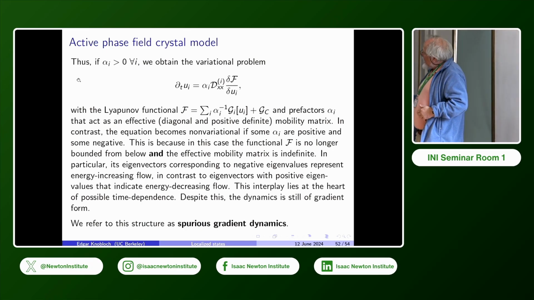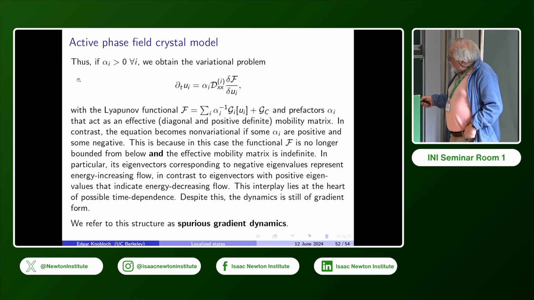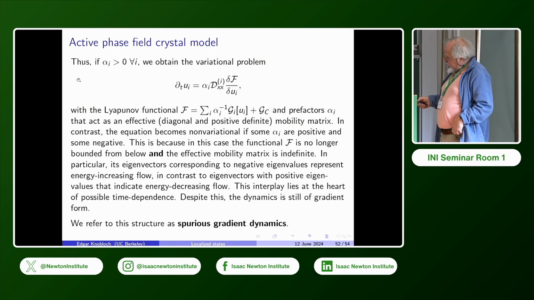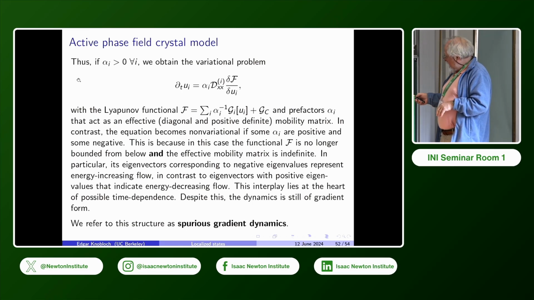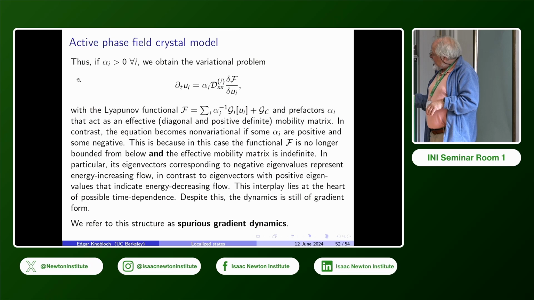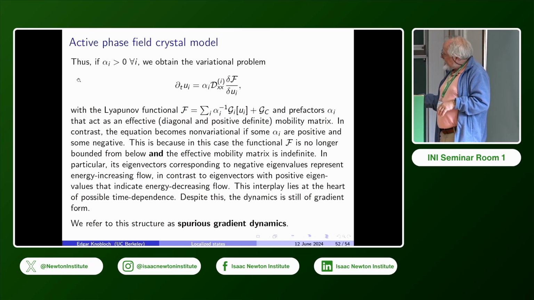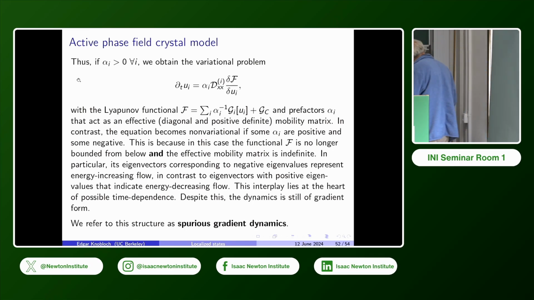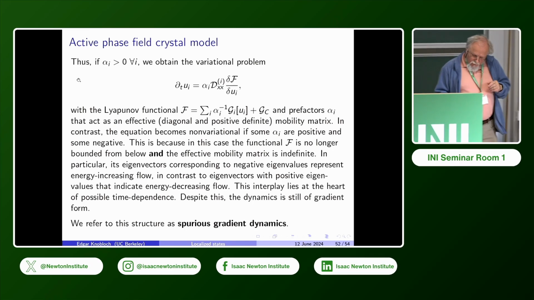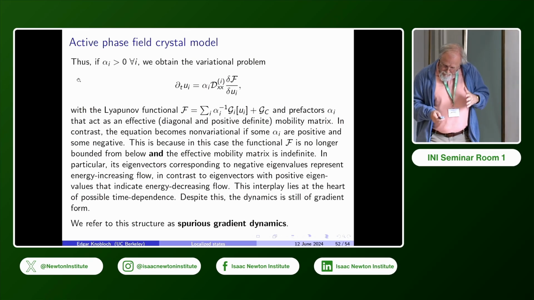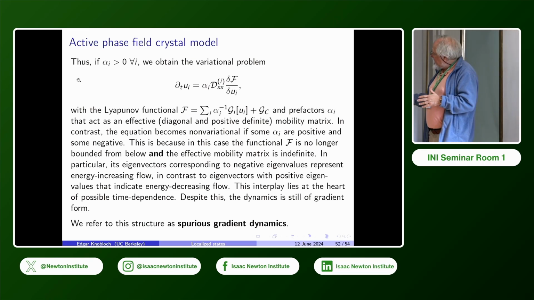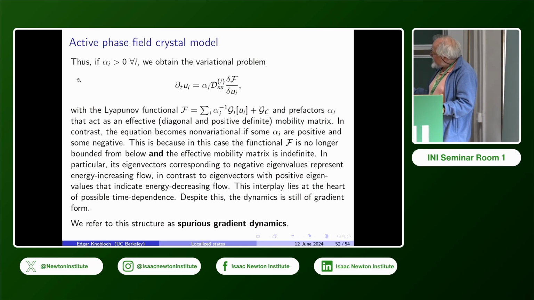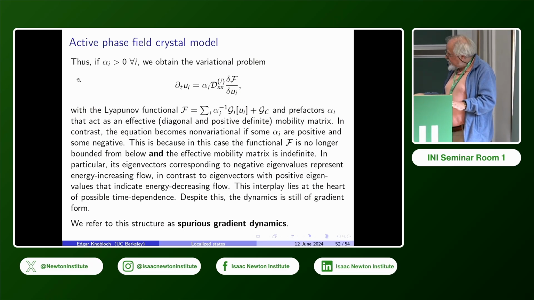And then the important thing is this: if all these coefficients alpha I that appear in those equations are of the same sign, then the system is a proper gradient system, with a certain Lyapunov function here. The important thing about these mobilities, or these quantities alpha I being all of the same sign, is that the free energy is bounded from below, so you have a global minimum.